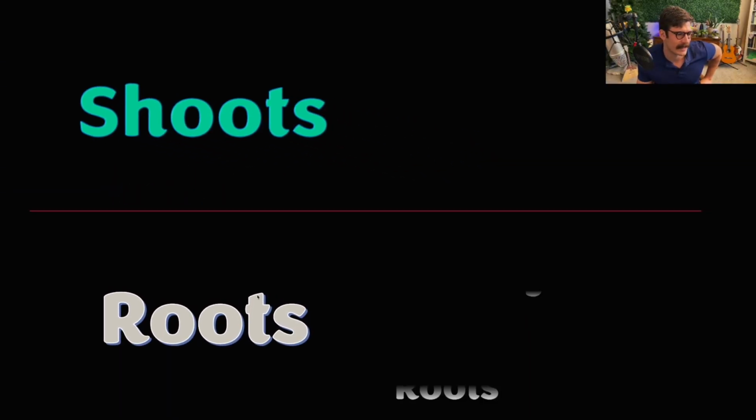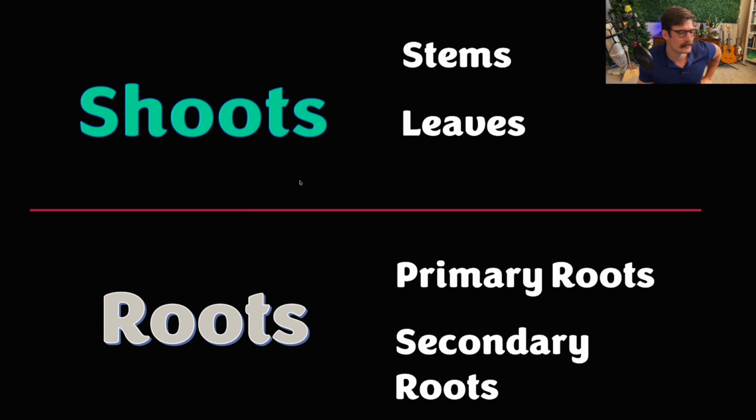And we can further categorize them. Shoots are comprised of stems and leaves. Stems and leaves. Yoban, you are correct. Roots and shoots sounds like team names for college football sports.